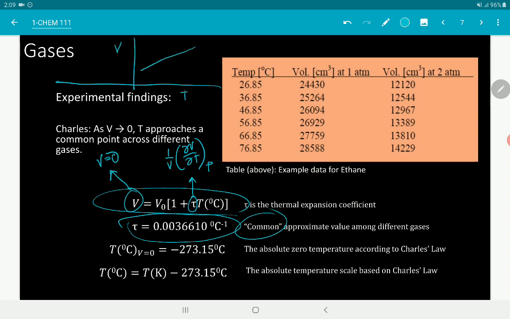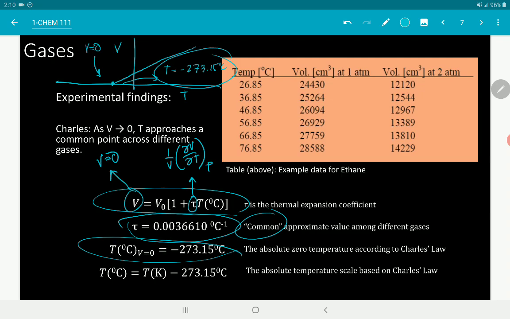If you go to volume equals 0, the temperature is equal to negative 273.15 degrees Celsius. So, yun yung na-discover niya. Okay, so the absolute zero temperature. Siyempre, hindi naman na magkakaroon ng negative volume. So, ito na talaga yung lowest temperature possible according to Charles' law.